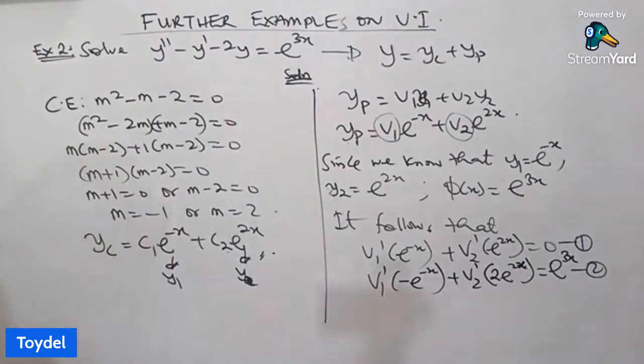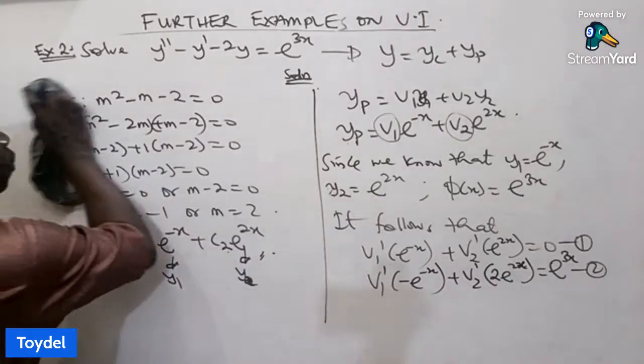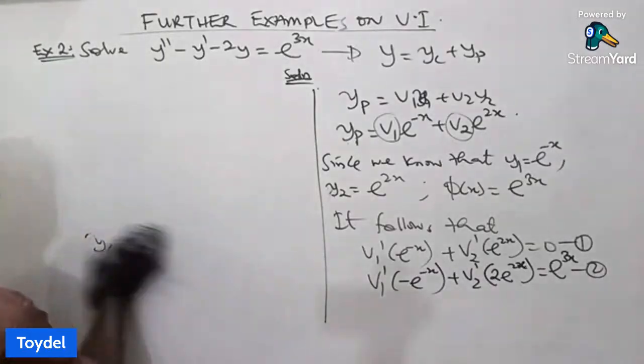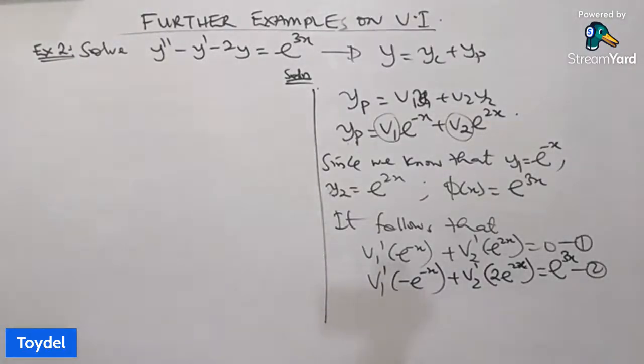So how do we get v1 prime and v2 prime before we integrate to get v1 and v2? We are going to solve the two equations simultaneously.